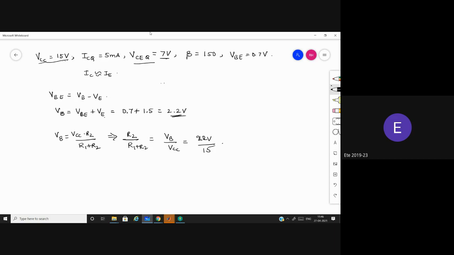Taking the inverse, R1 plus R2 by R2 is equal to 15 divided by 2.2, and this can be written as R1 by R2 plus 1 is equal to 15 by 2.2, which is 6.81.